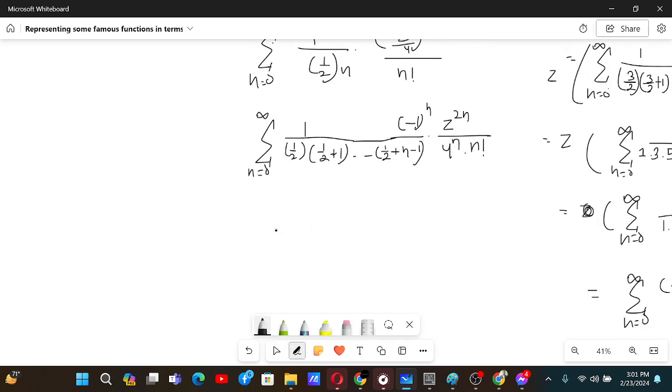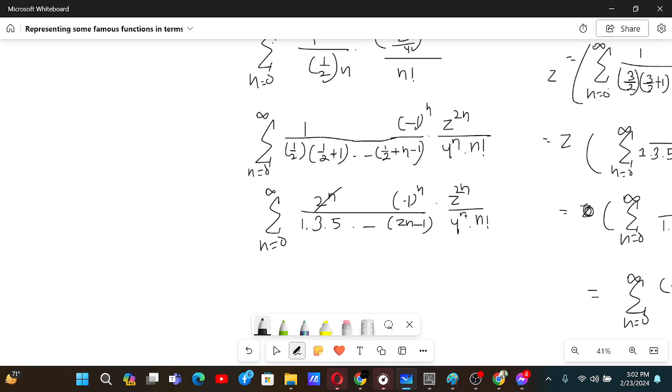Okay, so now we have sum from n equals 0 to infinity. Now there are n 2's, so 2 to the power n, and so we have 1 times 3 times 5 up to 2n minus 1, yeah, and then minus 1 to the power n, g to the power 2n by 4 to the power n times n factorial.